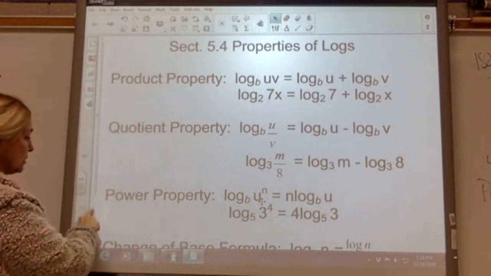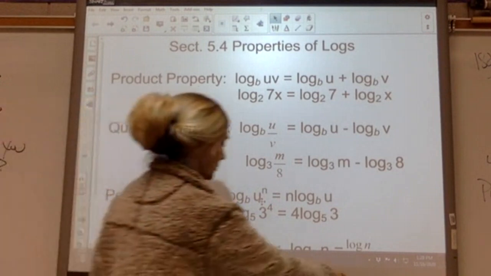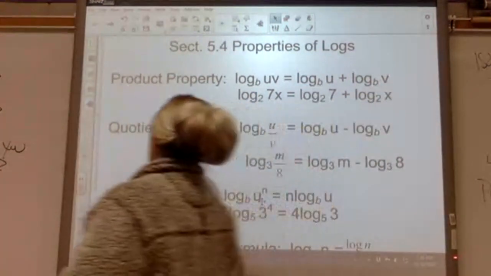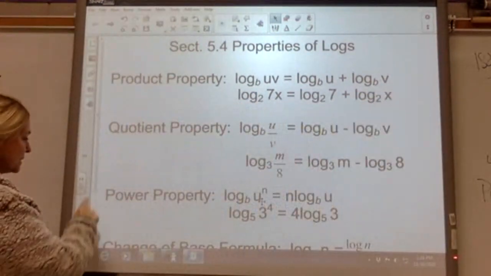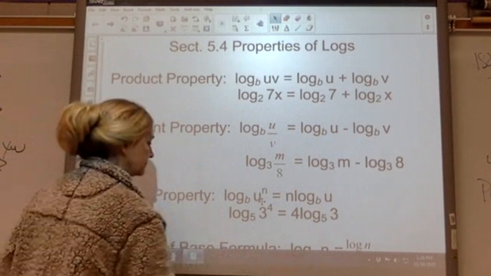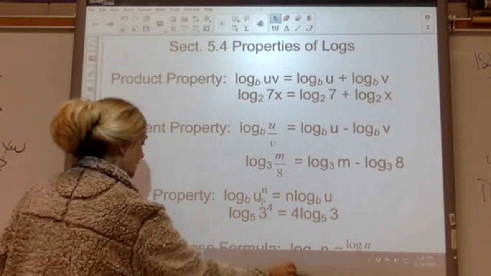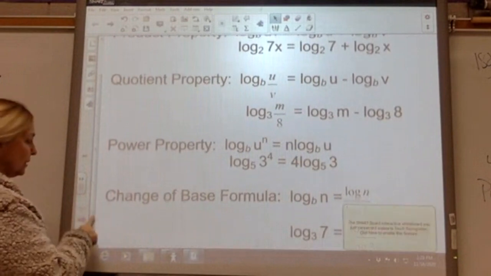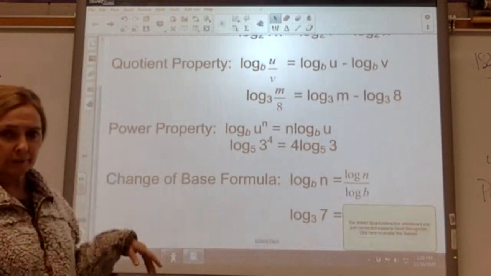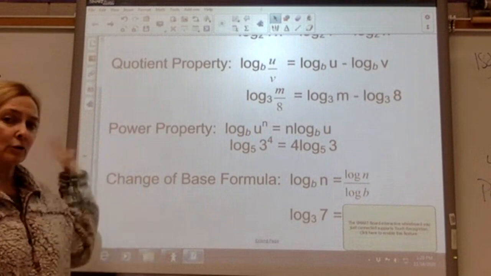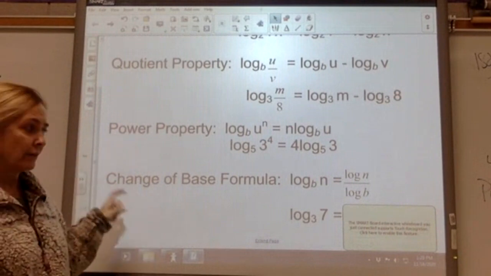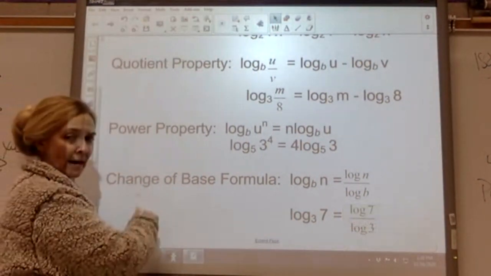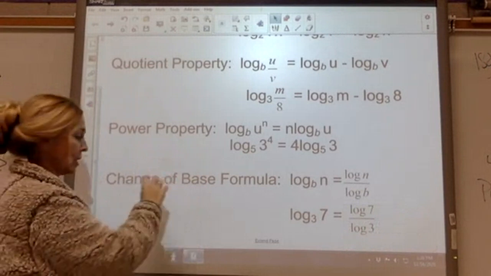And now, for those of us who have an 83 calculator, or like me, the one that I pull up here, it is an 84, but it is an older version, and so it doesn't have that little feature where you can do math, alpha, math to get the little log.